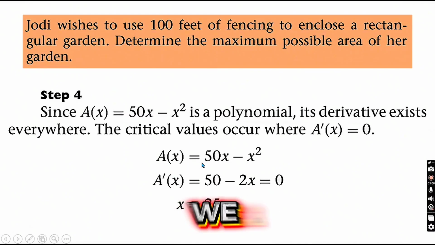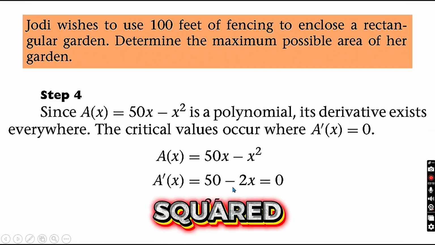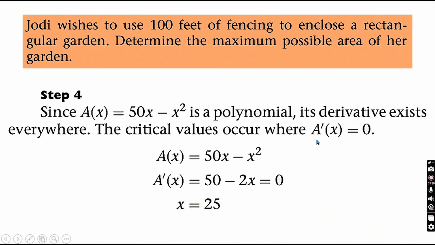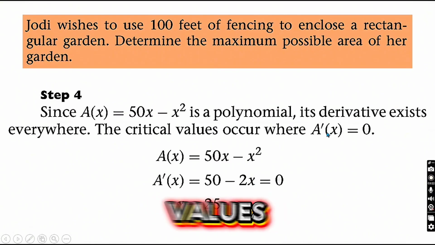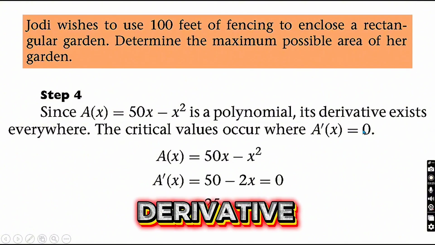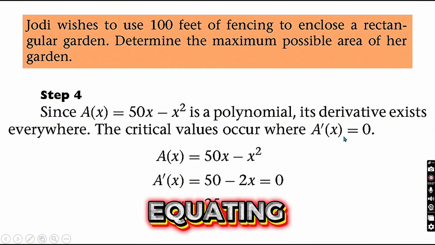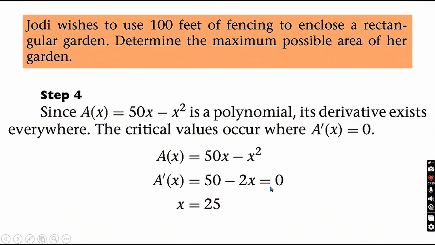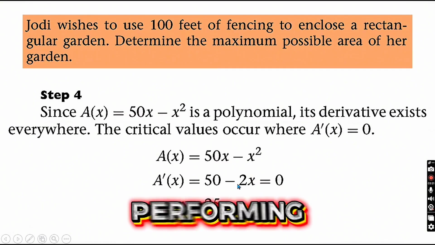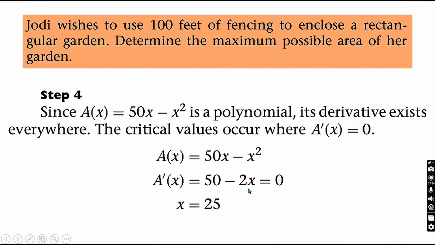The first derivative is equal to the derivative of 50x, which is 50, and the derivative of negative x squared, which is negative 2x. And then we will find the critical values by equating the first derivative to 0. So we have 2x is equal to 50 and then x is equal to 25.